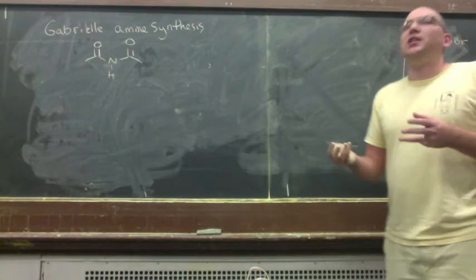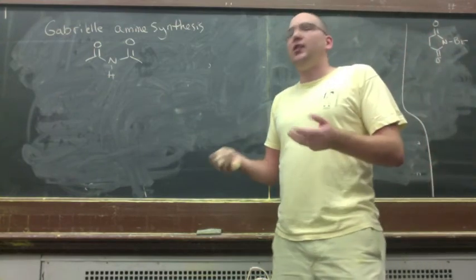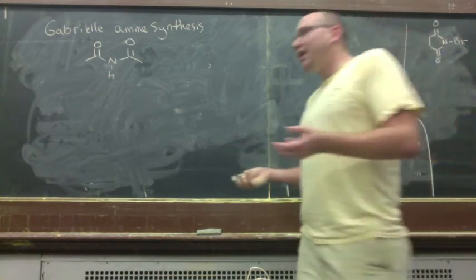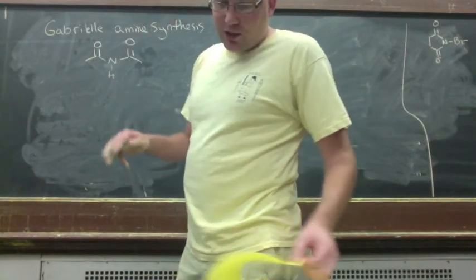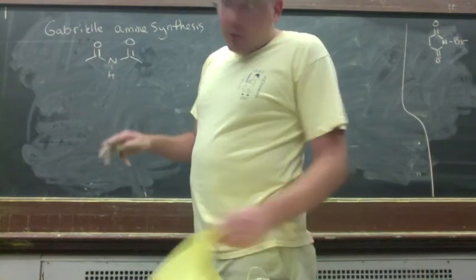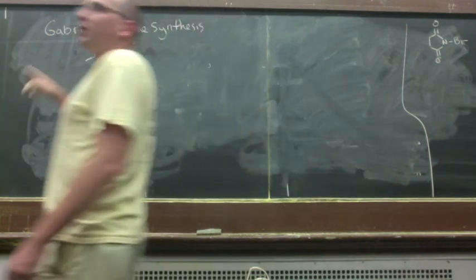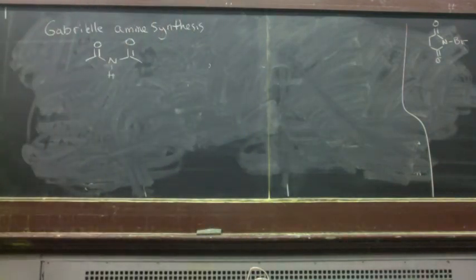An amine has a pKa of something like 30. For an amide, I'm not quite sure what the pKa is. I should probably look it up, but you would assume it's going to be a little bit lower. But when you get to this ability to resonance stabilize in both of these, you actually have a fairly acidic proton.